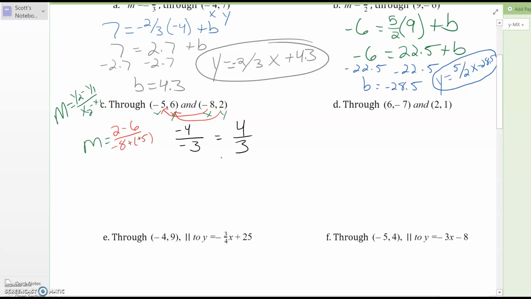All right, then from there, you pick a point. Either one. I'm going to choose this one. So I have 2 equals my slope, 4/3, times x plus b. Always solve for b. 4/3 times -8, -10.7.